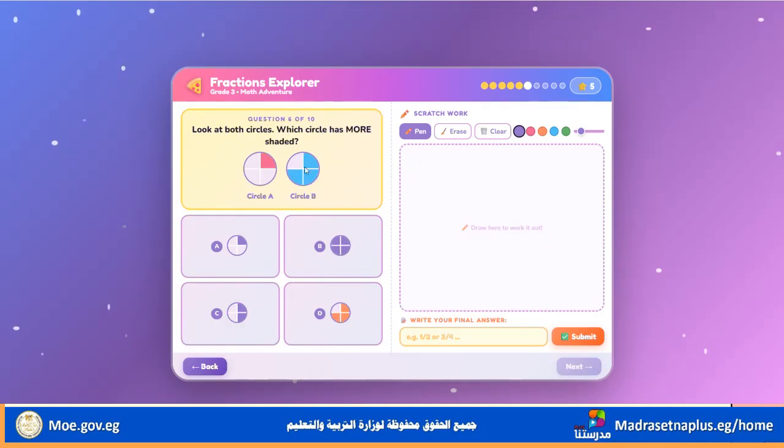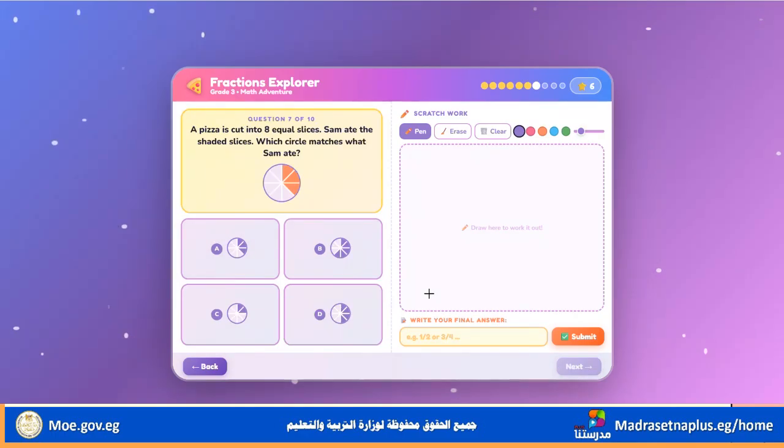Look at both circles, circle A and circle B. Which circle has more shaded? Circle A, 1 part of 4. Circle B, 3 parts. Which one? 1 part or 3 parts? 3 parts. Circle B, 3 parts, while circle A, 1 part.